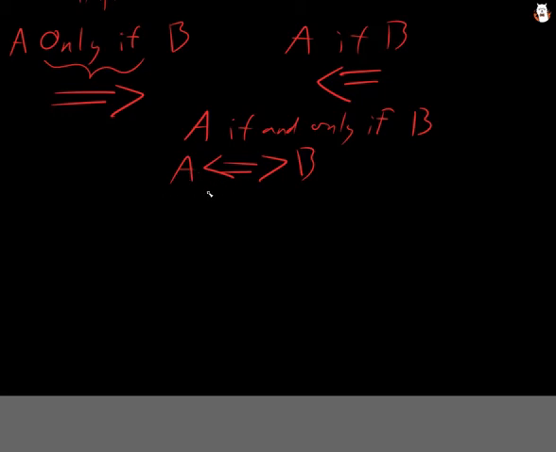This can be interpreted as you are watching the video right now implies that you are human, which makes sense, and you being human implies that you're watching the video right now. Which direction is the if statement? The if statement here has B implies A, which is that you are human implies you're watching the video right now, which is probably an unrealistic thing because there are many humans not watching this video right now. So the if is the backwards implication in this statement, and the only if, as we mentioned before, is the forwards implication.